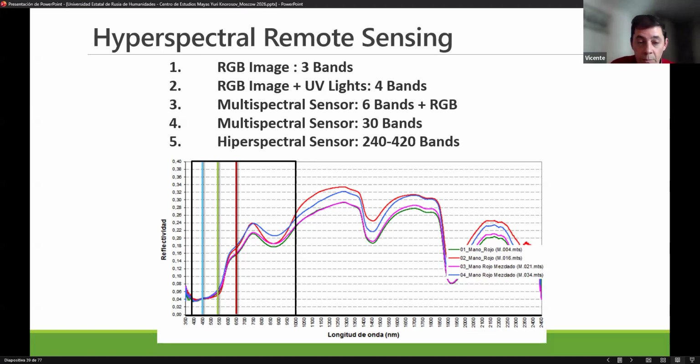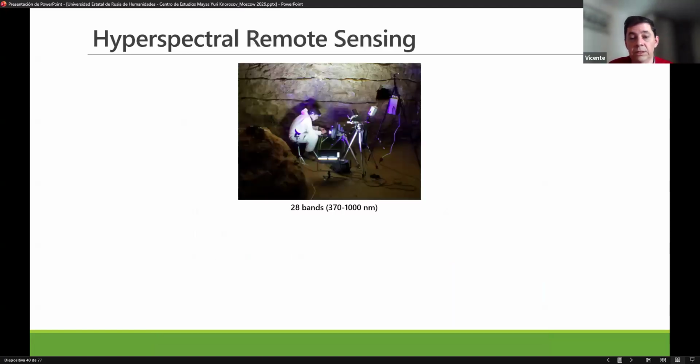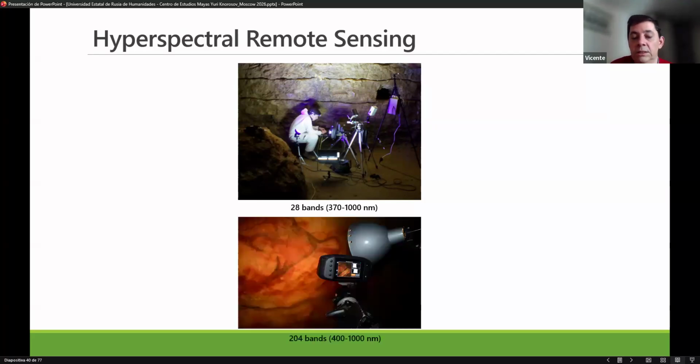So here, I'm going to show you, look, the camera is here. This was a MUSIS camera with 28 bands between 370 and 1000. This is a Specim IQ. This is a current camera that you can have. This is a filter wheel camera, and this is a hyperspectral sensor.